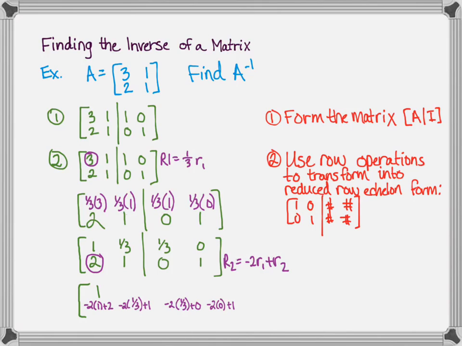My first row stays the same, 1, 1/3, 1/3, 0. And simplifying, we get the matrix 1, 1/3, 1/3, 0, 0, 1/3, -2/3, 1.